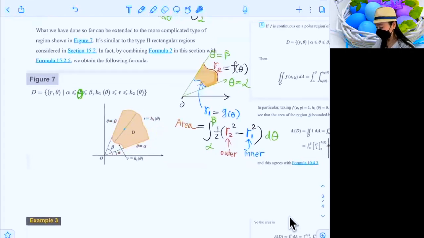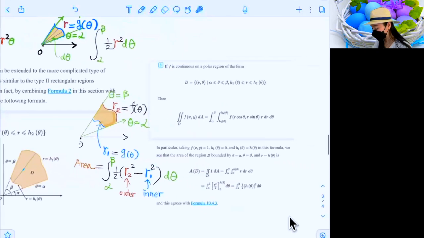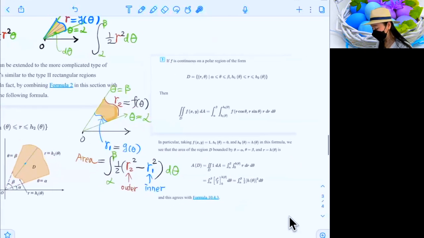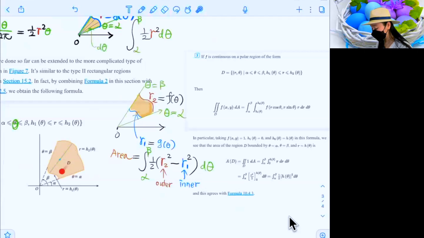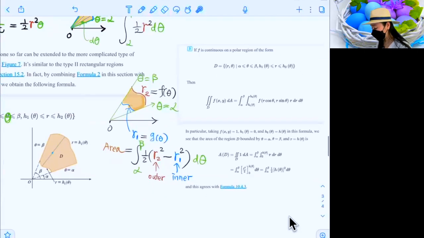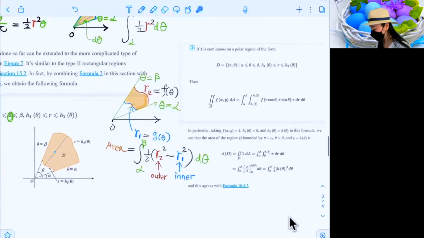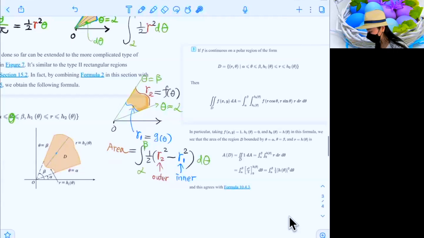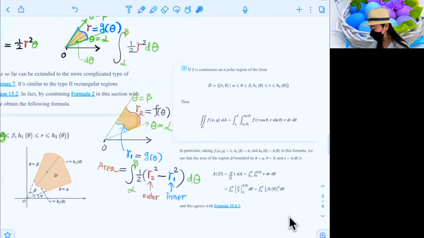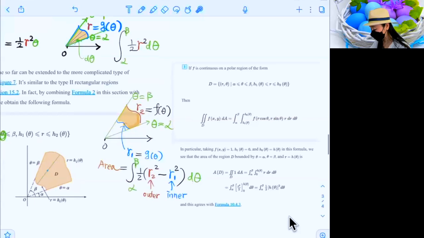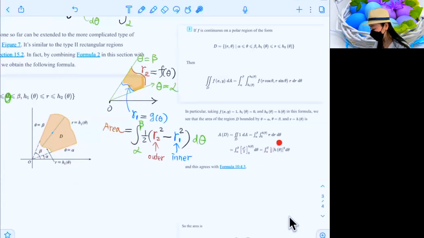Now let's look at this one over here. When we try to find this region, it's going to be this one. We did this one before, and we also did this one.